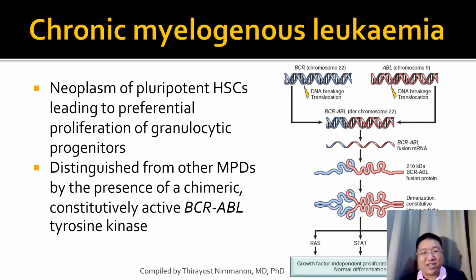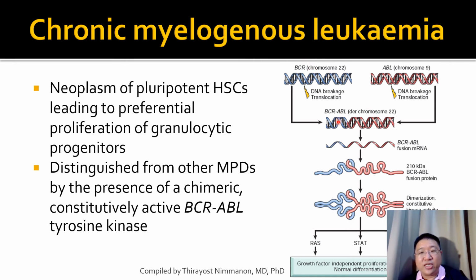The pathogenesis of this type of myeloid neoplasm is unique. It is a translocation of chromosome 9, which is the location for ABL, and 22, which is the location for BCR. There is a breakage here and translocation.